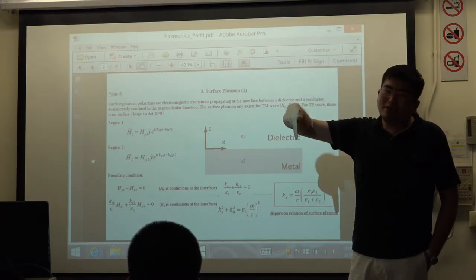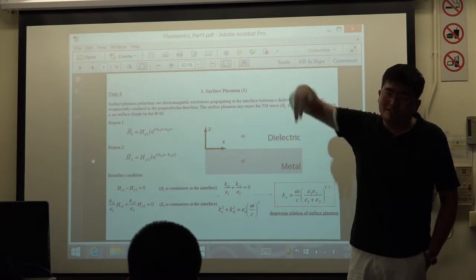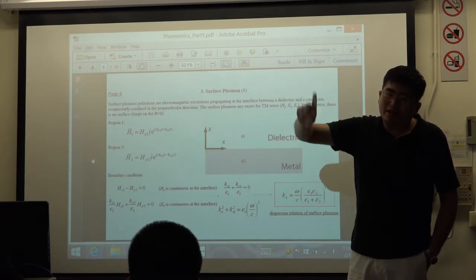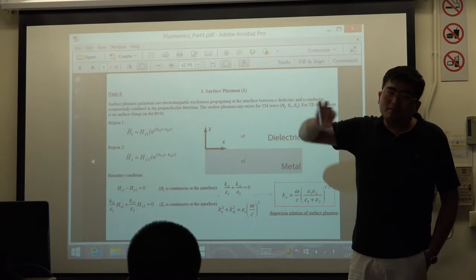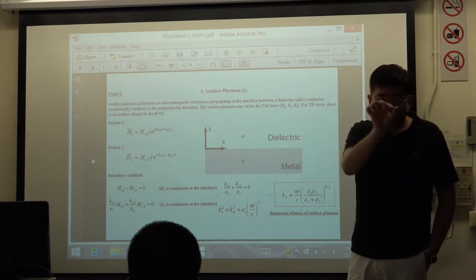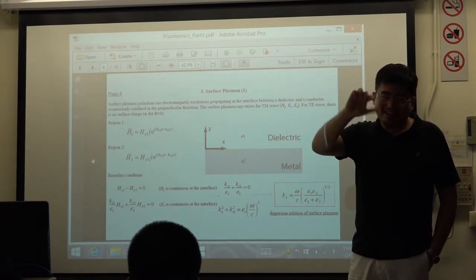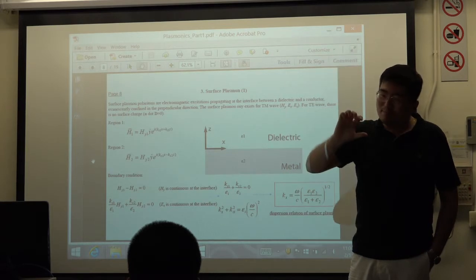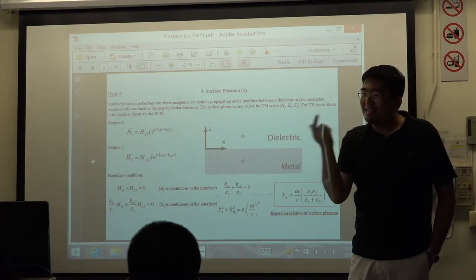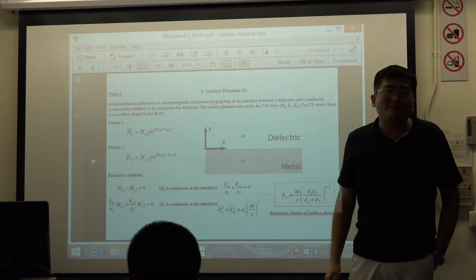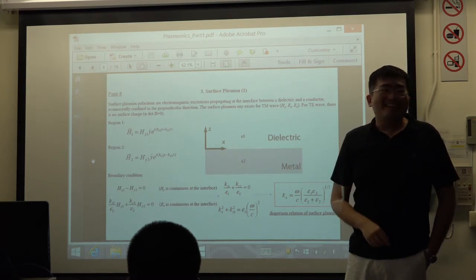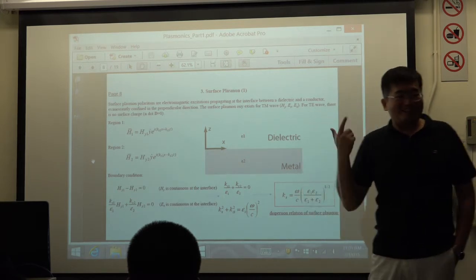The beer is like an electron, the water, and the air is a photon. But around the air and the beer there is a bubble, right? This bubble is called a polariton. They couple together. This is an intuitive picture.